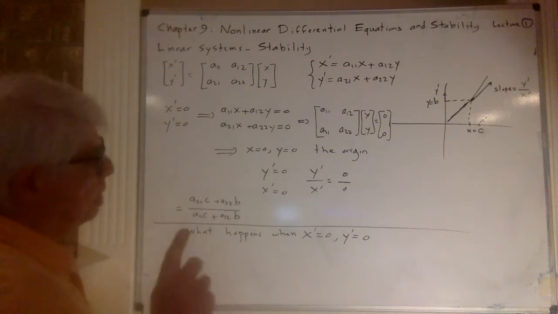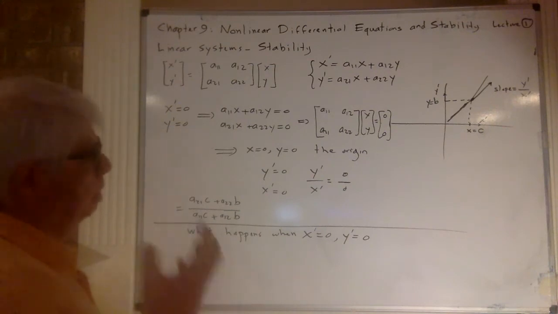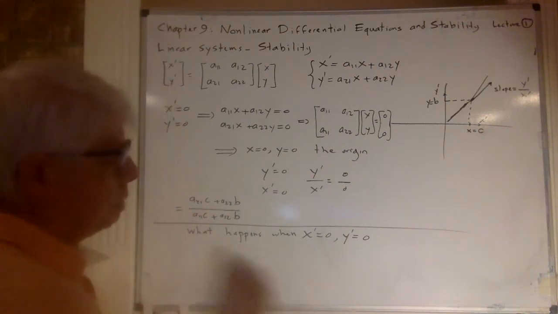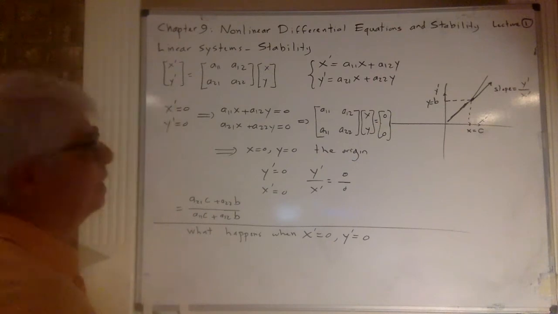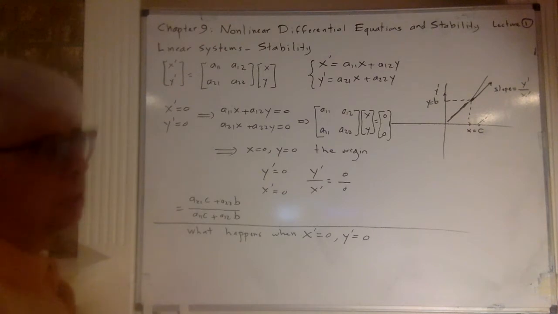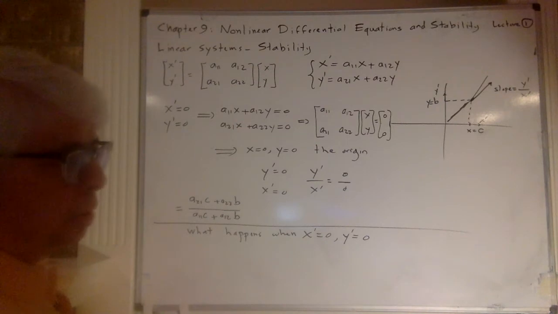So this point at which the slope of the line tangent to a trajectory that never passes through that point, in fact, is undefined, we call a critical point. So a critical point is where that slope is not defined, in a sense. And since the slope is not defined, if the trajectory reaches that point, then it has some slope, right? Or if that's continuous, then it has some slope.